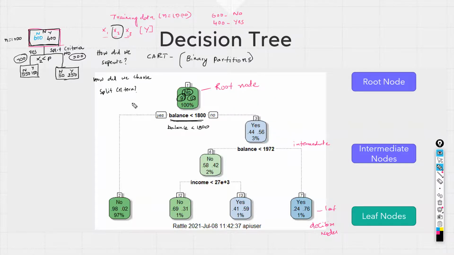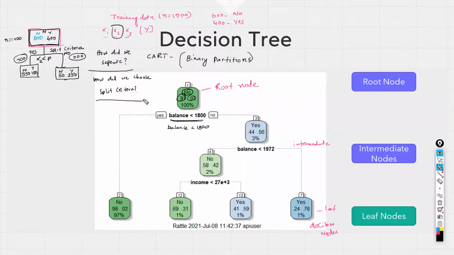What split criteria will we use to separate the parent node into two child nodes? If we answer these two questions, then just believe me, we know how a tree works. The whole essence of how a decision tree works relies on these two questions.